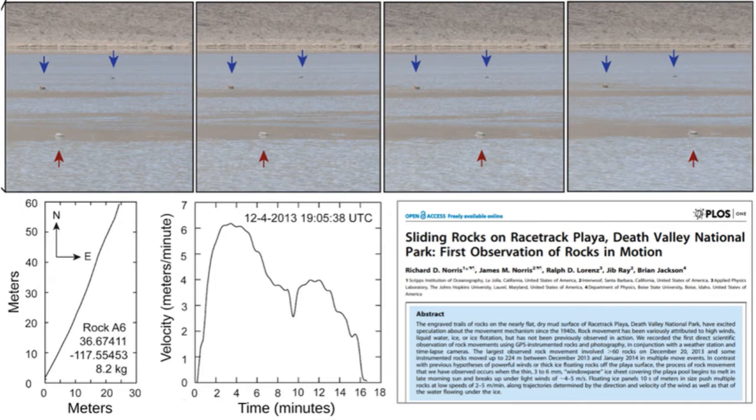Also attached to these stones were GPS trackers so that scientists could figure out where the stones' positions were at any given time, as well as being able to figure out their velocities and from that their accelerations and the forces that are acting on the stones. In this short workshop, we're going to show you how to get access to this data and then how to use it in your classroom so that your students can use authentic data to solve kinematics problems instead of just plugging things into equations that they don't understand.